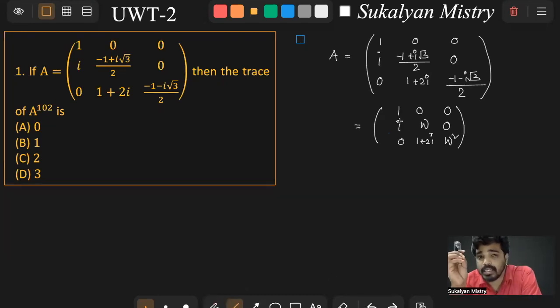If a matrix is diagonal matrix or upper triangular matrix or lower triangular matrix, then its eigenvalues are its diagonal elements. Okay, so note down this.